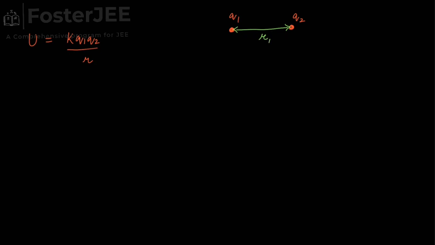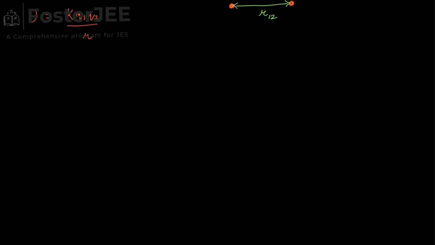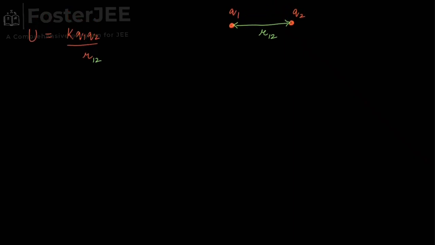Let us suppose this distance is r12. So the potential energy between them is kq1q2 upon r. What if we have more than 2 particles? Let us suppose we have 4 particles. Here we have q3 and here q4.